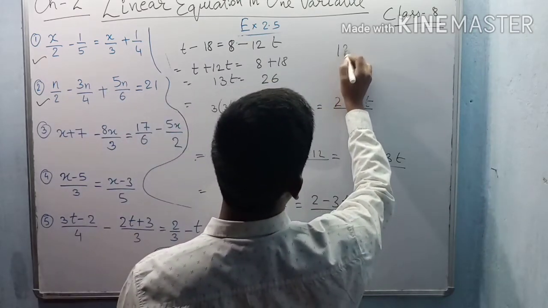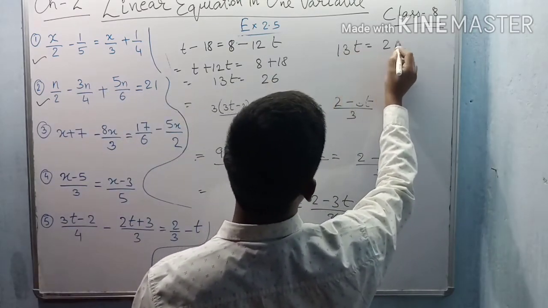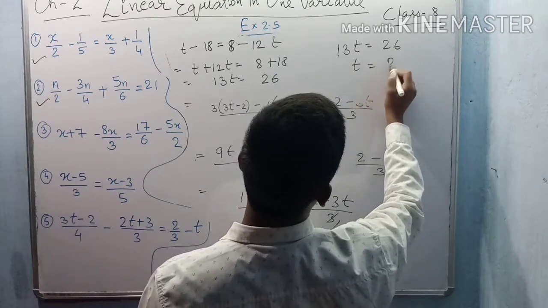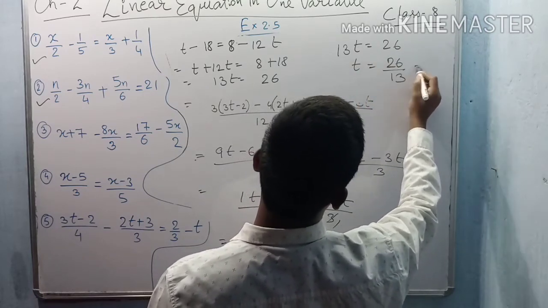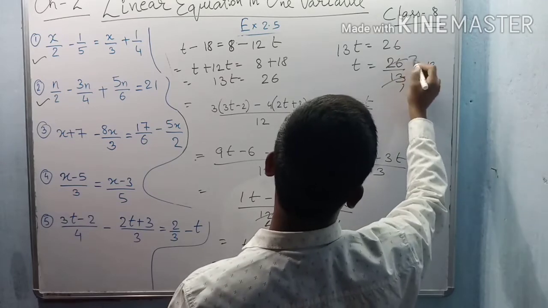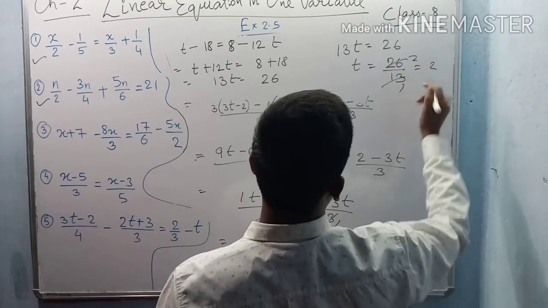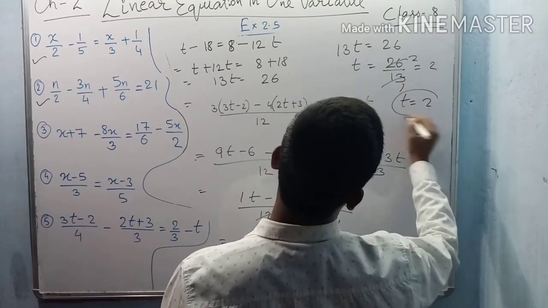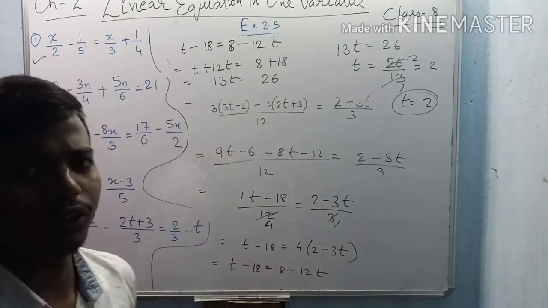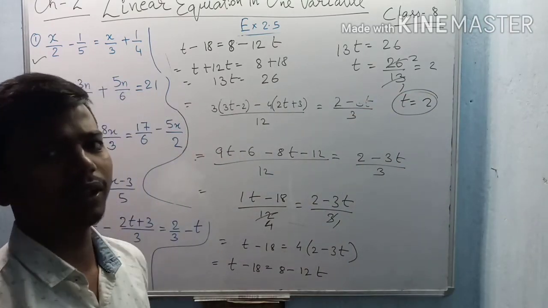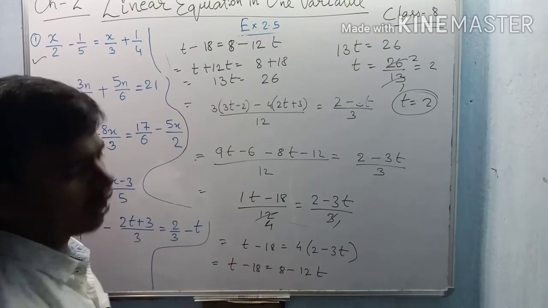So 13t equals 26, or t equals 26 by 13, that is 2. 13 ones are 13, 13 twos are 26. So t equals 2. I hope you have understood the question. This was lengthy. Just rewind the video and see the solution.